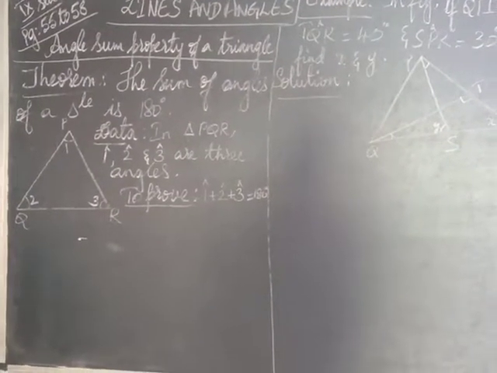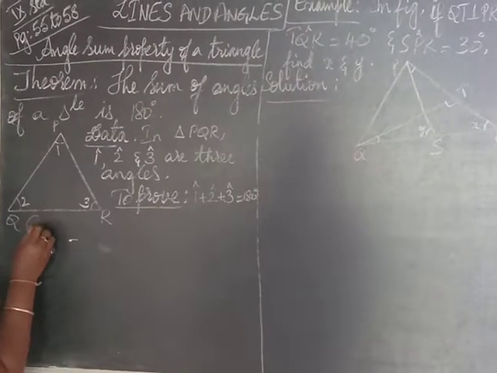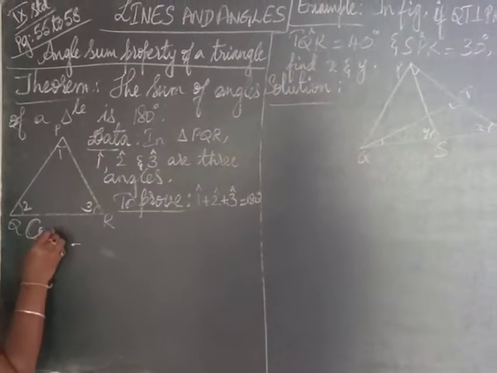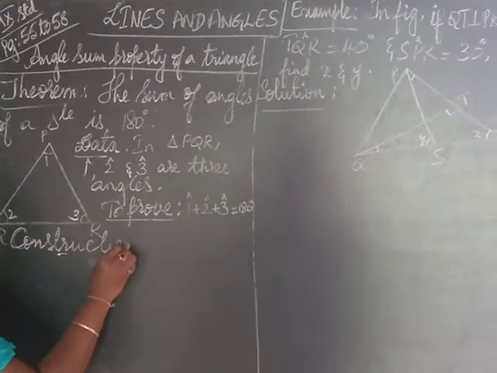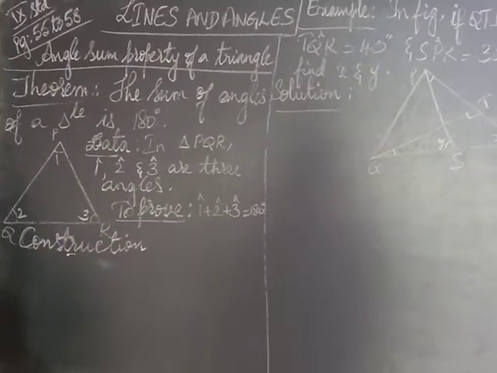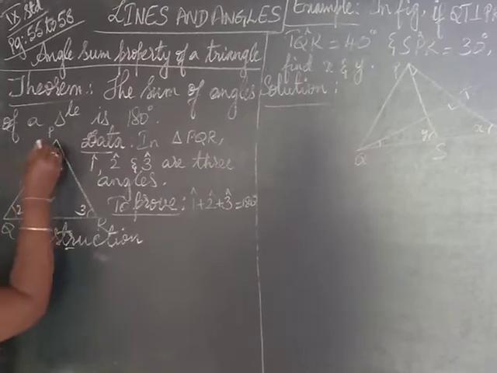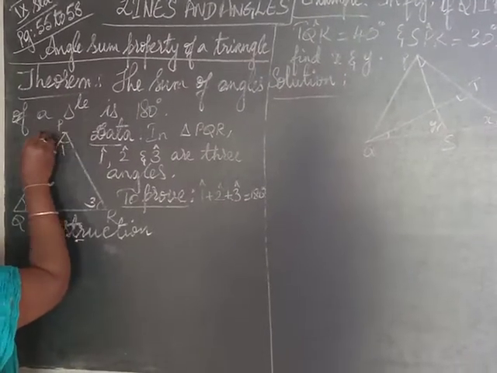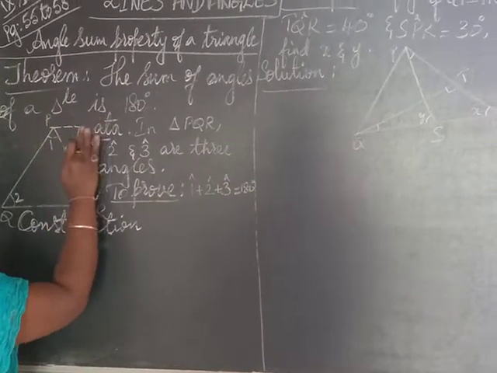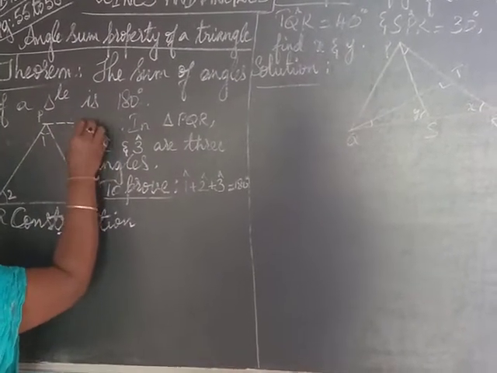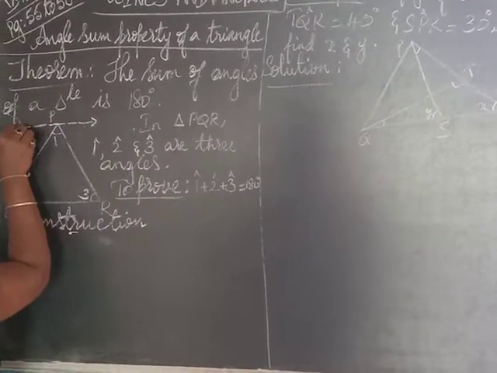Now, to prove this, let us have a construction here. What is that construction? Let us draw a line through P like this using the scale.